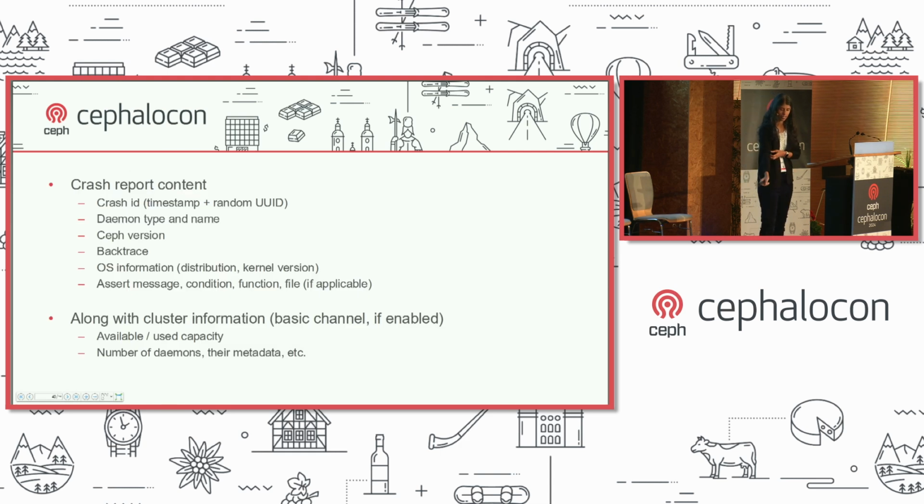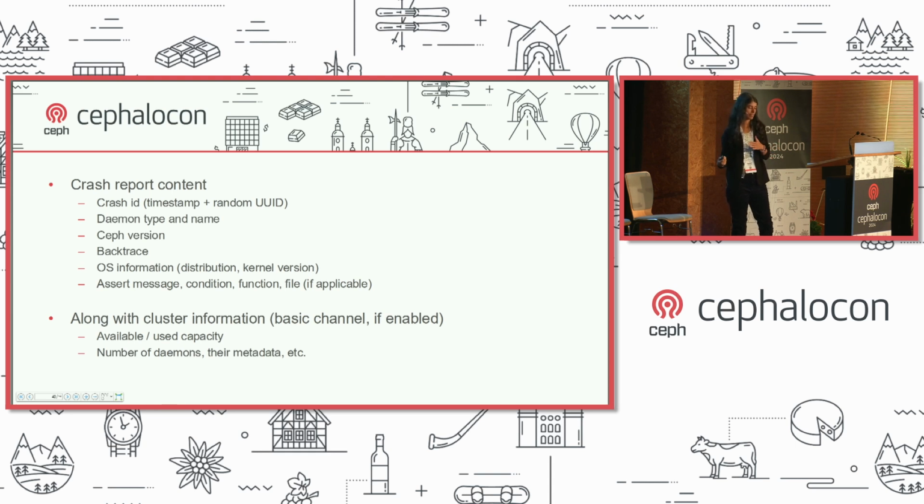I want to talk a little bit about our crashes. When we send our crashes to telemetry, we include some details that will help us identify the crashes, like the crash ID, the backtrace, the Ceph version, exactly what daemon has crashed, some OS information, if there's an assert message, and so on.